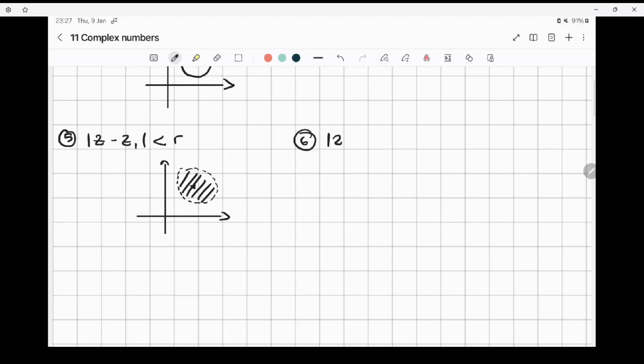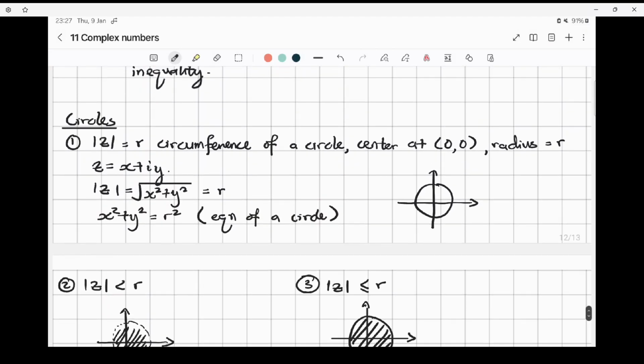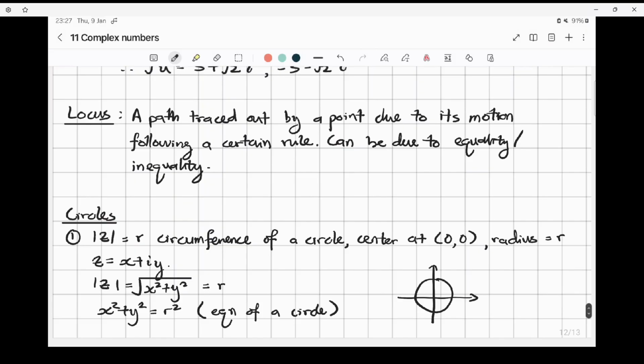So if you have modulus of z minus z1 smaller or equals to r, then you can draw something like this. Draw a solid line, solid circle, and then highlight everything inside. So basically, this will be the equation of circles through the idea of complex numbers.